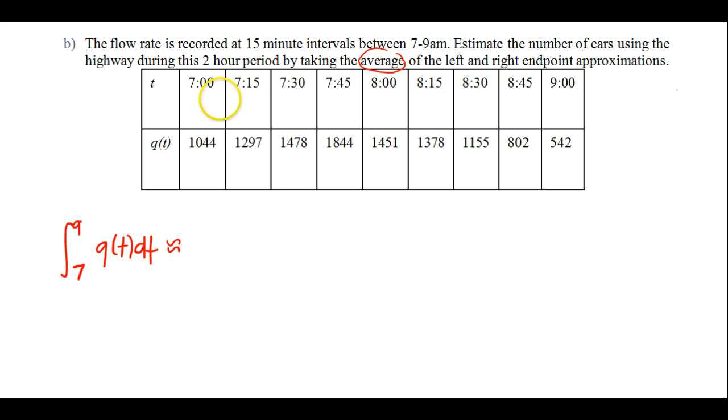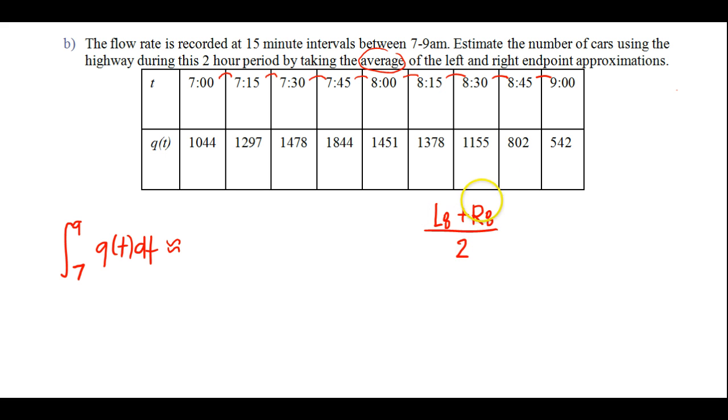So let's figure out how many rectangles to use. Between 7 and 7:15 is one rectangle. Here's the second, third, fourth, fifth, sixth, seventh, and eighth. So I want to use 8 rectangles, so I'm going to try to find L8 and R8, and then divide that by 2.